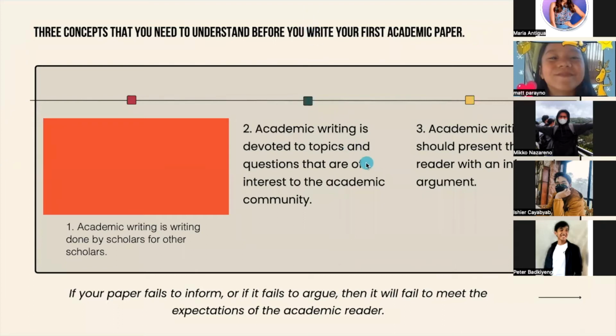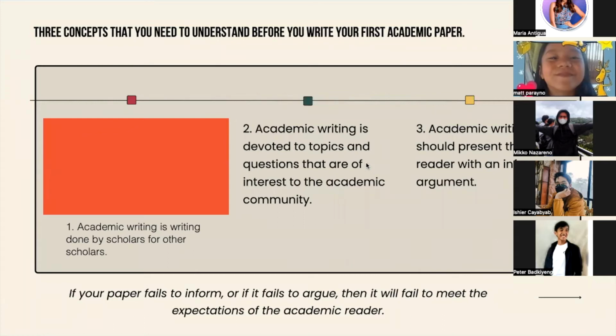Number two, academic writing is devoted to topics and questions that are of interest to the academic community. So when you write an academic paper, you must first try to find a topic or a question that is relevant and appropriate.